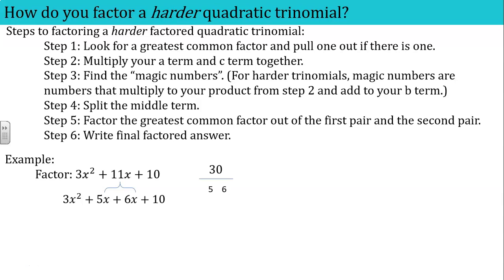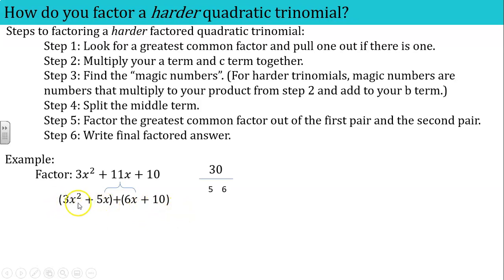Next, we're going to pair up the first 2 terms and the second 2 terms using parentheses. Step 5 says factor the greatest common factor out of the first pair and the second pair. So I'm going to look at each of these pairs separately and pull out the greatest common factor.